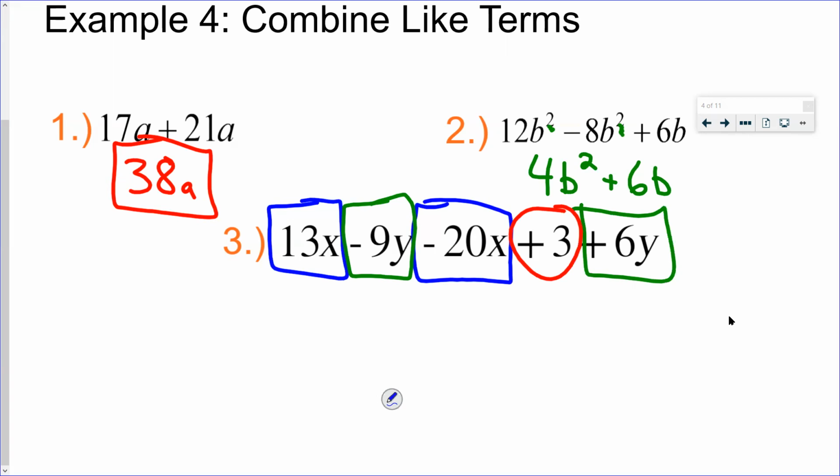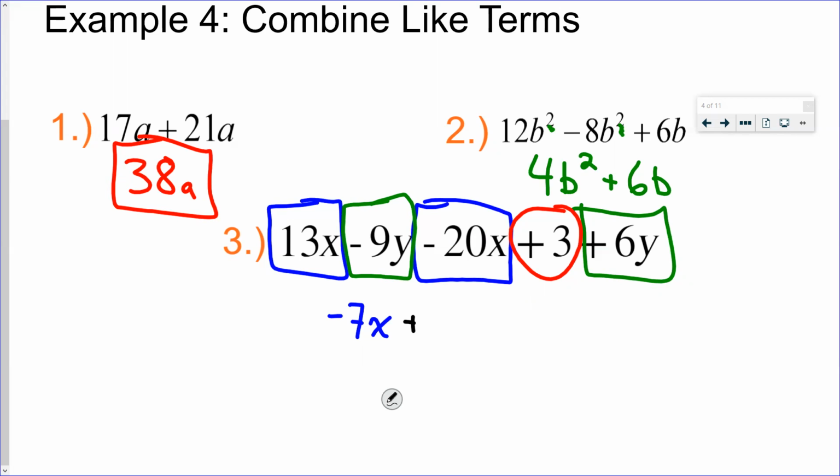So let's now start combining like terms. So we have 13x minus 20x. This is where that integer math comes into play. What's 13 minus 20? 13 minus 20 is going to give us negative 7x. And then we're going to go plus. Well, we have negative 9 because remember that minus sign stays with the 9.